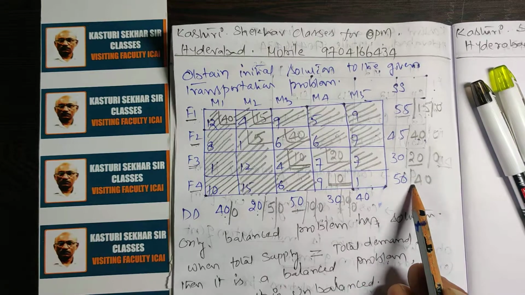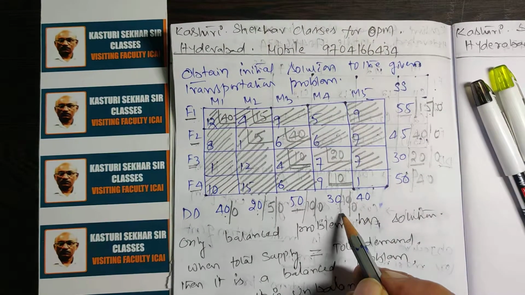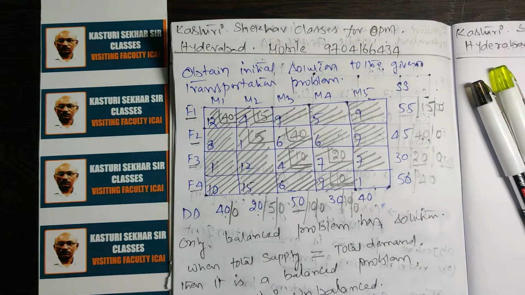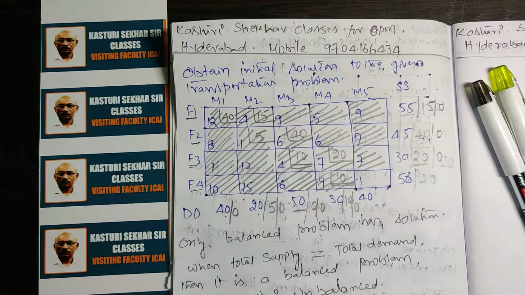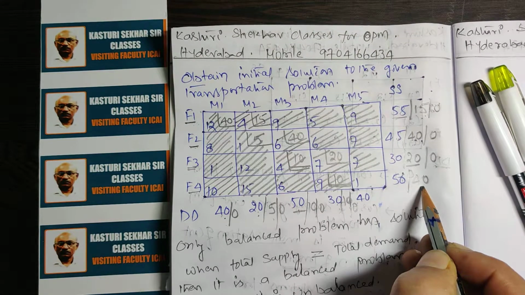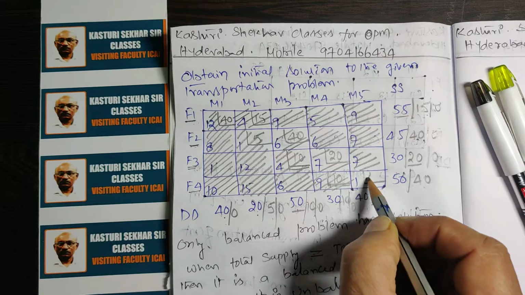After supplying 10 units from factory 4 to market 4, market 4 requirement is fully satisfied. So this market is also eliminated from the picture. Now 40 units are available at F4. 40 units are required at M5.